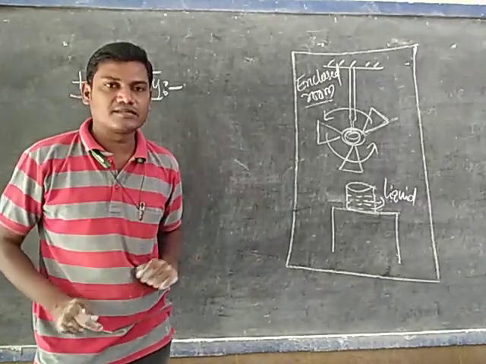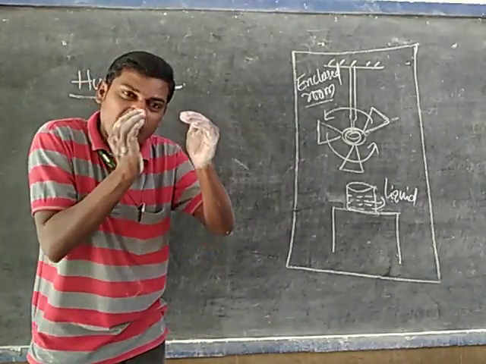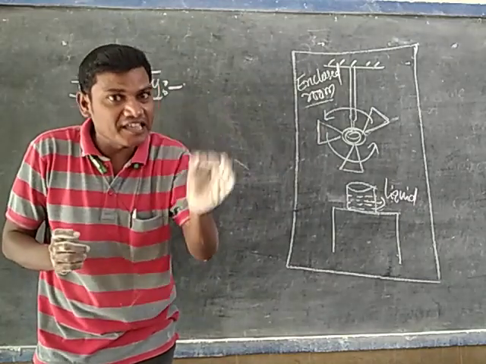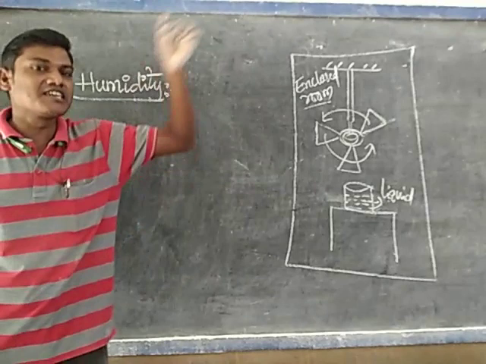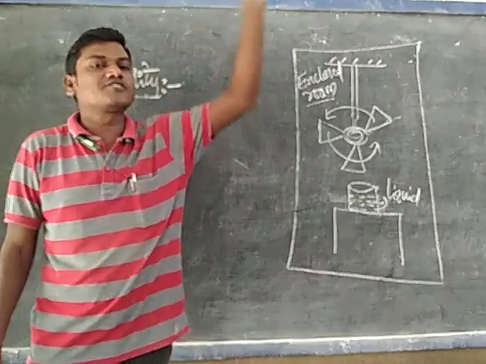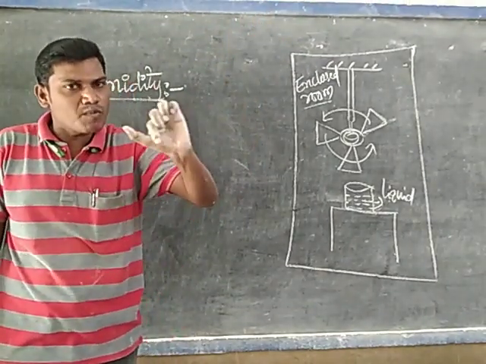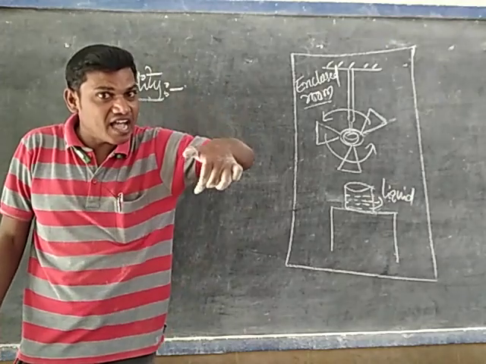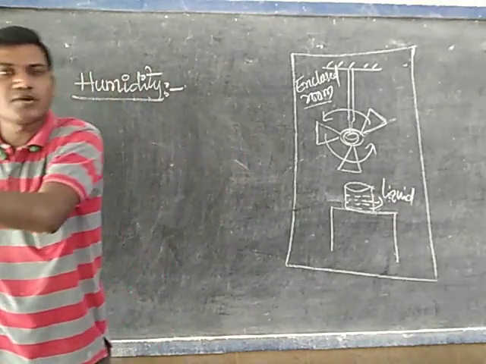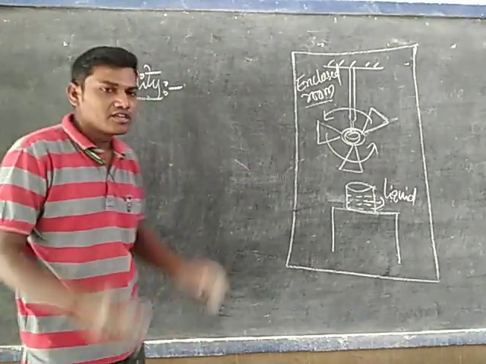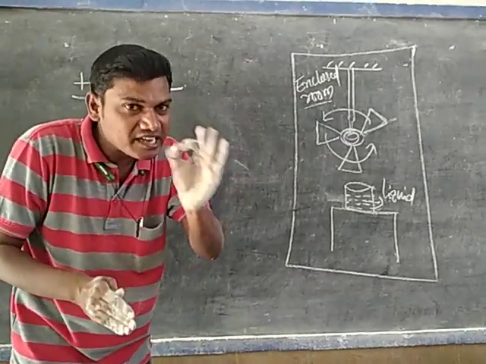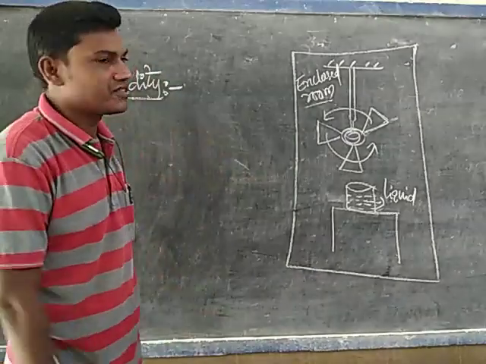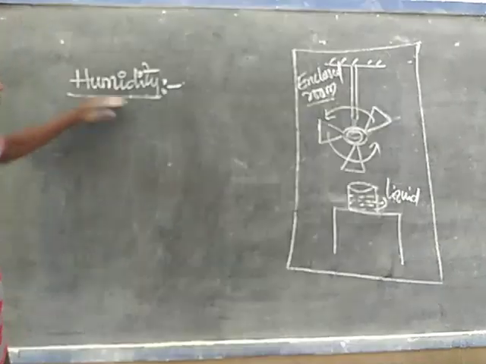Humidity is nothing but the amount of water molecules present in the air. If the number of water molecules in the air increases, humidity also increases. If the number of water molecules per unit area or volume is less, humidity is also less in that area. So the amount of water molecules present in air is called humidity. That is the definition.